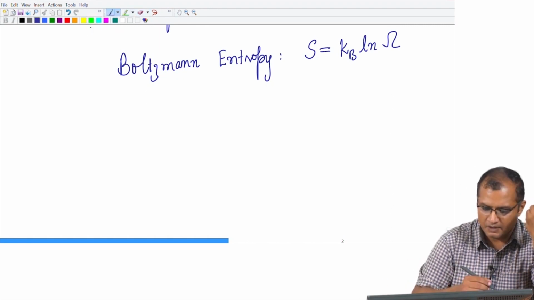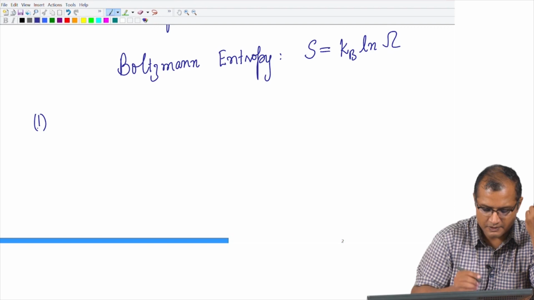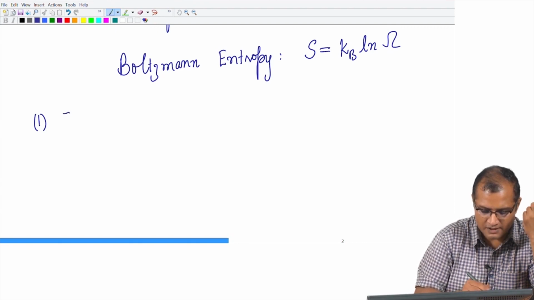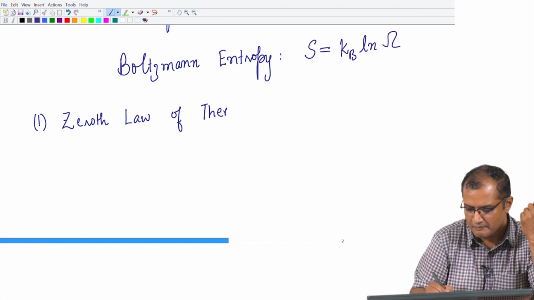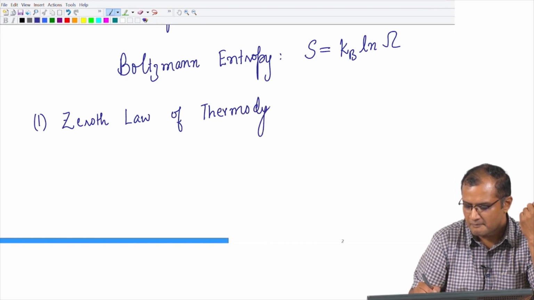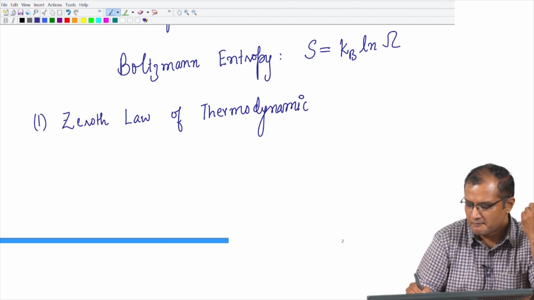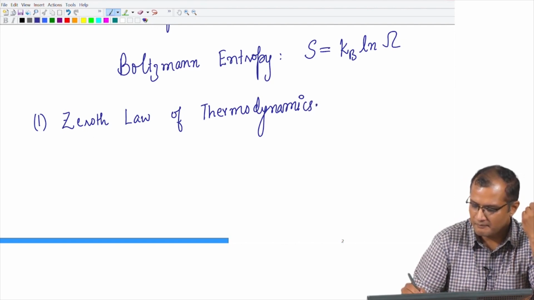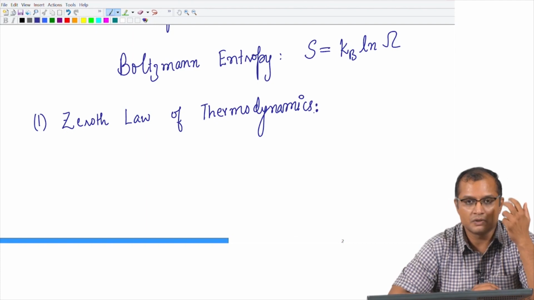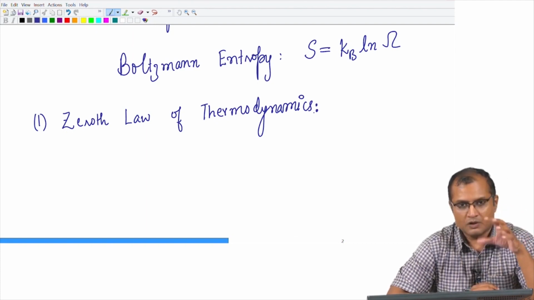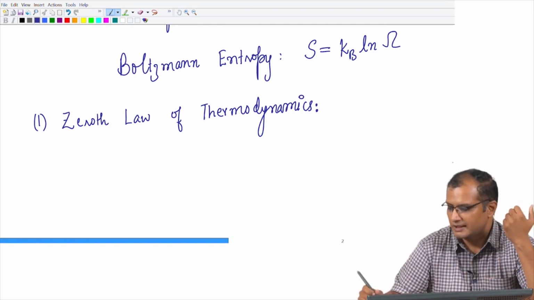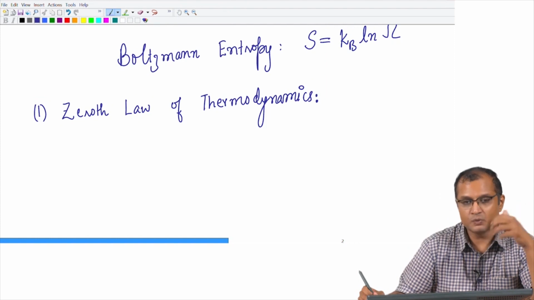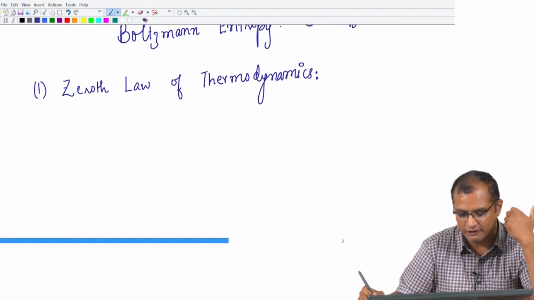So, the first law that I would discuss is the zeroth law of thermodynamics. Okay. Now, I would not state the law straight away. In fact, I will present a small experiment, and the zeroth law of thermodynamics will appear naturally at the end of it.